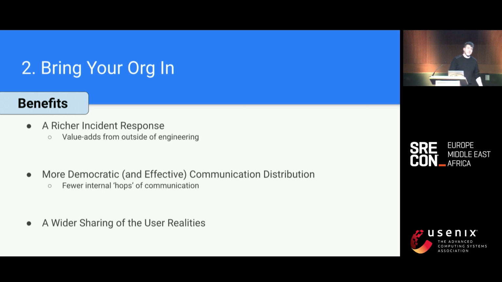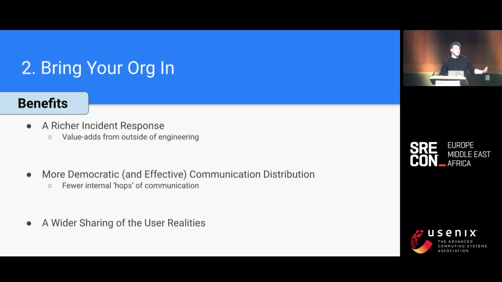The benefits of bringing your org in include, but are not limited to, obviously a richer incident response. Your organization will surprise you with value adds that you had not anticipated. It's a very good thing. In a more practical sense, it is more democratic and effective communication distribution.